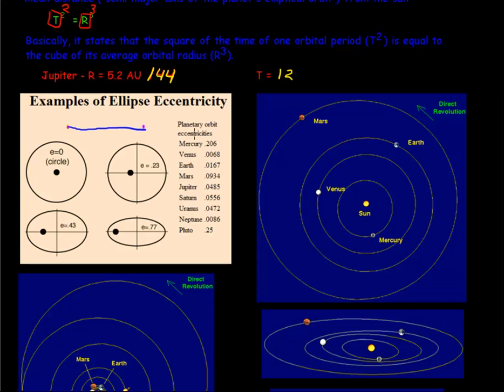And if you take a look, Mercury has an eccentricity of 0.206, really close to this, pretty round. Venus, closer to this. Earth, I guess still closer to that, somewhere around it. Who's got the roundest of all the orbits?